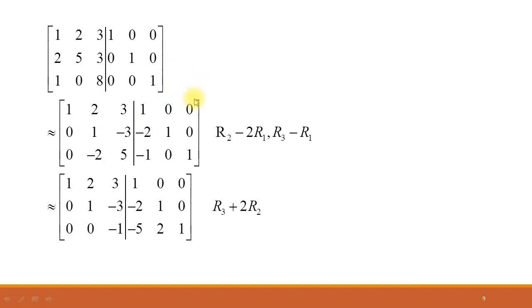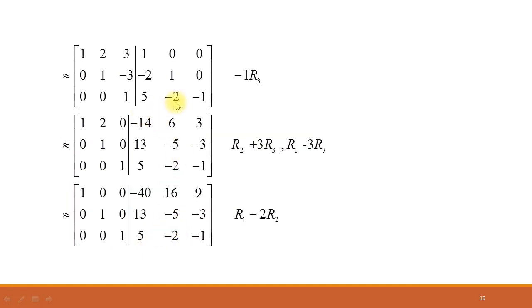In the previous slide, the third row of this matrix was minus 5 2 1, but when we multiplied R3 by minus 1, we get 5 minus 2 minus 1.